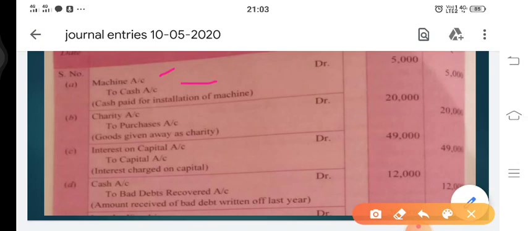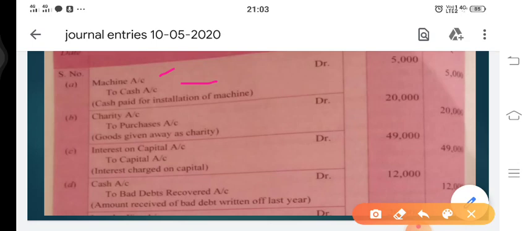As you can see, cash paid for installation of machine is added to the cost of machine, and the machine is coming into the business.